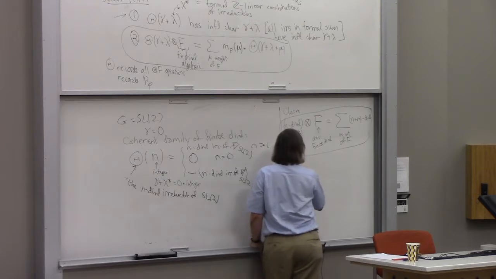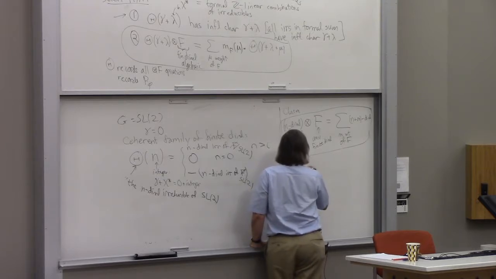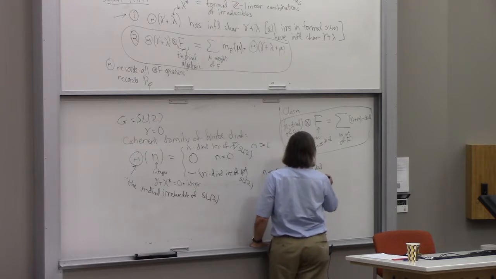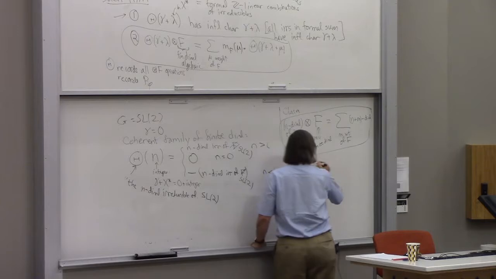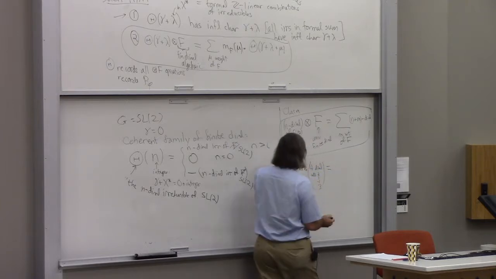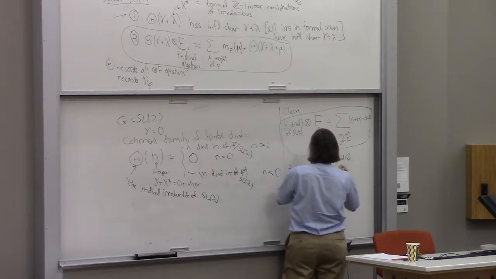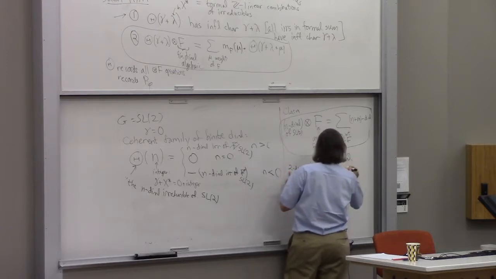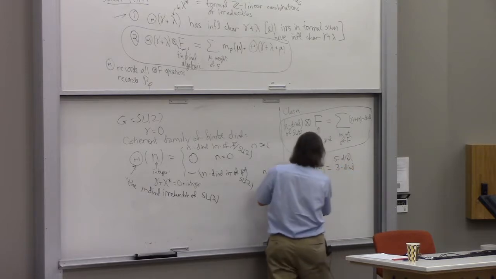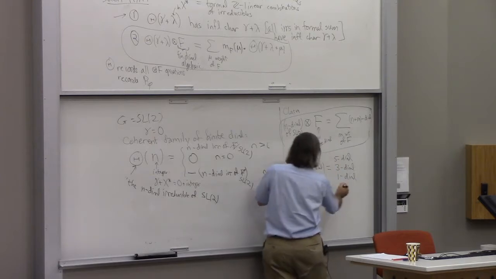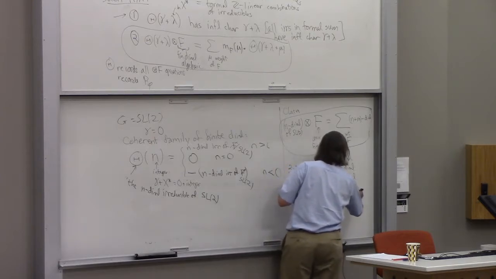Let's take the two-dimensional and tensor it with the four-dimensional. This has weights 3, 1, minus 1, and minus 3. And the formula says that what we get is the five-dimensional, the three-dimensional, the one-dimensional and the minus one-dimensional.